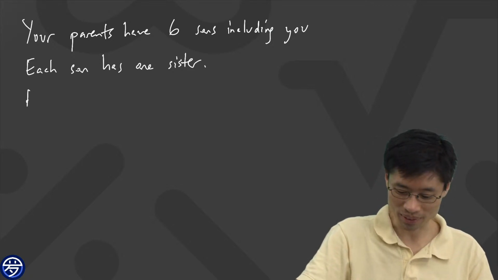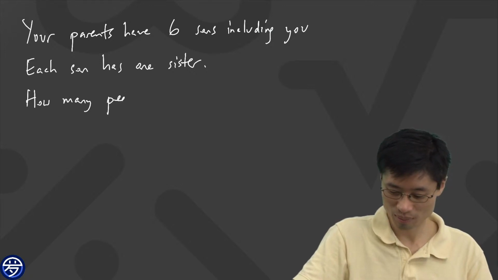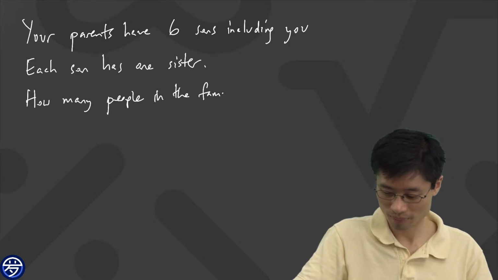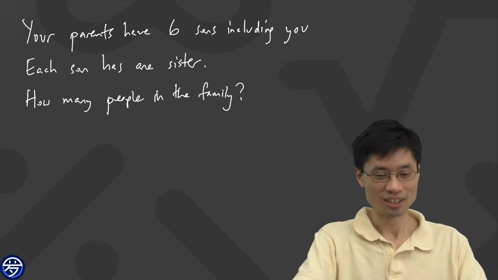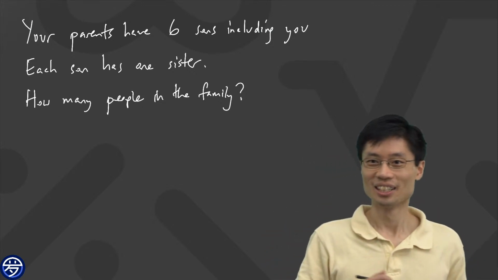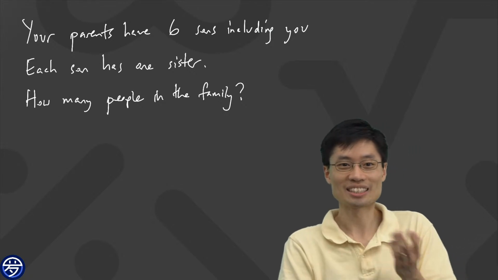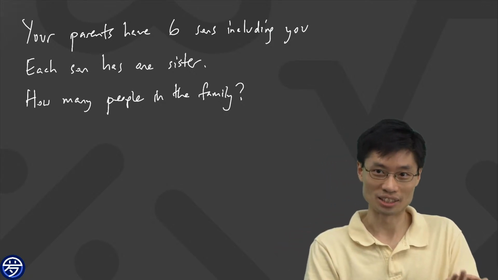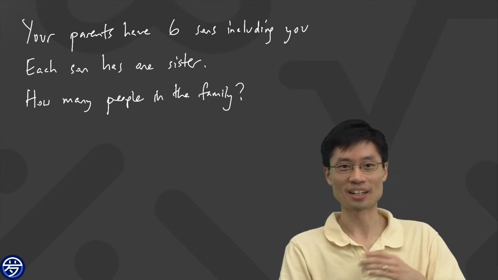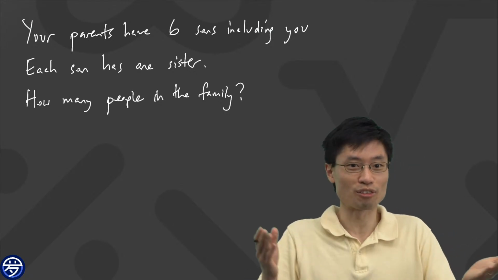How many people are in the family? Oh, one of these trick questions. I see all these different answers, and when you see all these different answers, it shows it's a pretty good trick question. We've got 9s, 8s, 7s, and a 14.